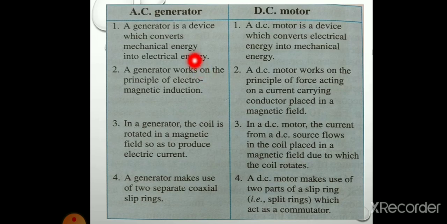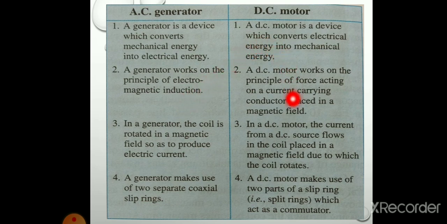Now let us study the difference between the alternating current generator, AC generator, and the DC electric motor. A generator is a device which converts mechanical energy into electric energy. But in a motor, electric energy gets converted into mechanical energy. The AC generator works on the principle of electromagnetic induction.